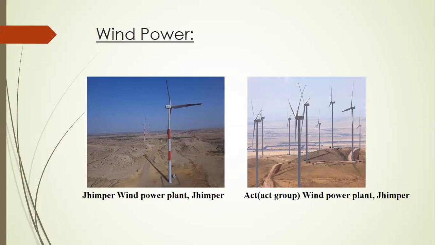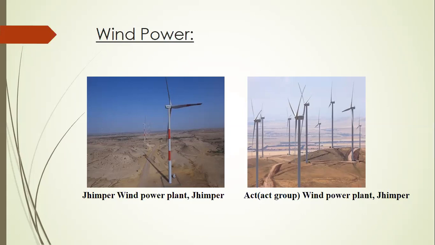Okay, there are some advantages and disadvantages. Before going to those, let me tell you some examples, right there in front of you in the slide. One is the Jhimpir Wind Power Plant in Sindh, and another one is the Act Group Wind Power Plant.